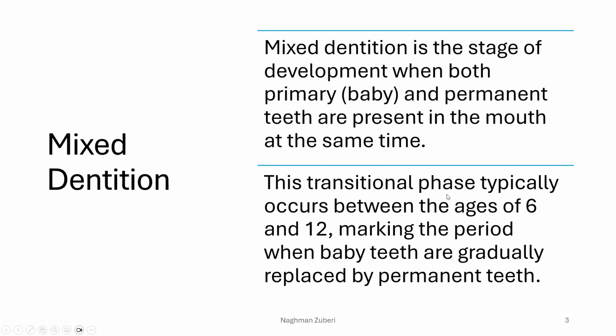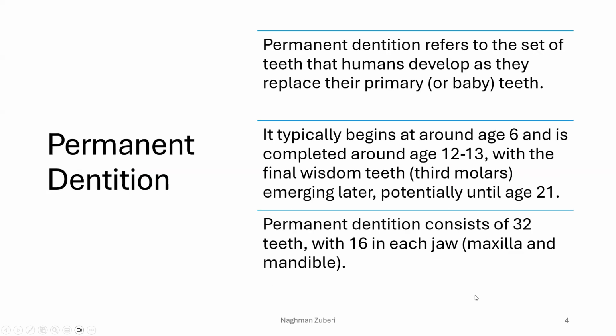This transitional phase typically occurs between the ages of 6 and 12. When the permanent teeth start erupting, we call it early mixed dentition. And when it is about to be over, towards the age of 10 to 12, we call it late mixed dentition, marking the period when baby teeth are gradually replaced by the permanent teeth.